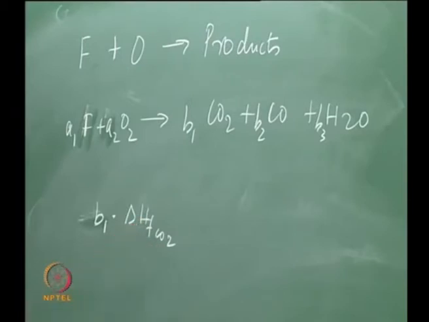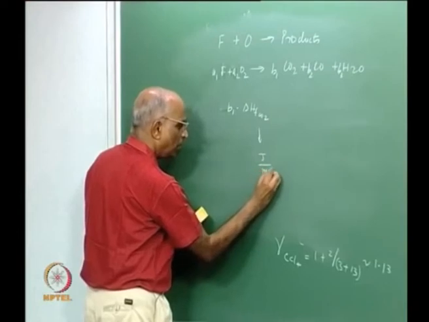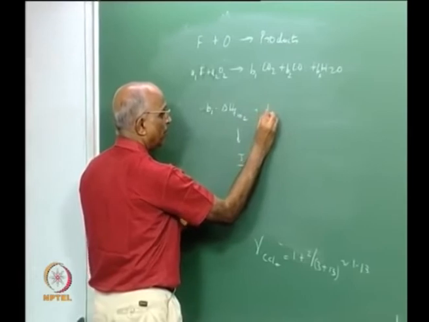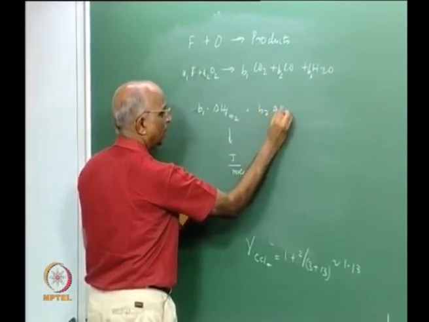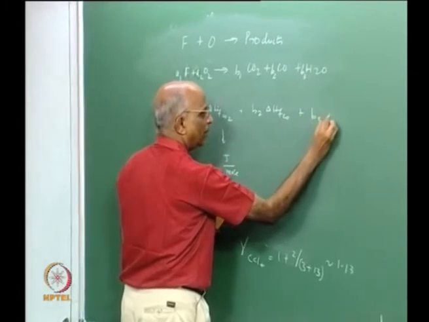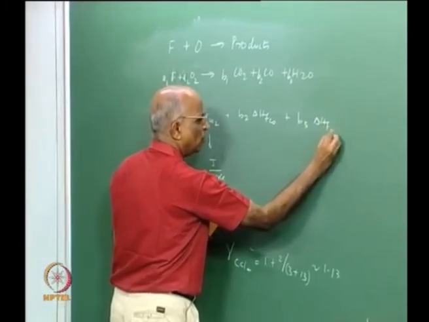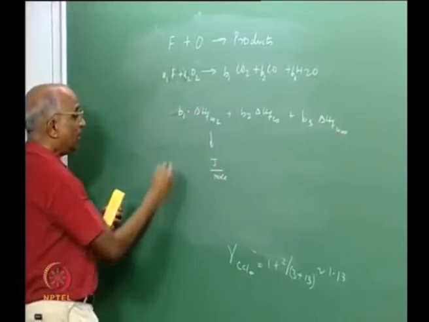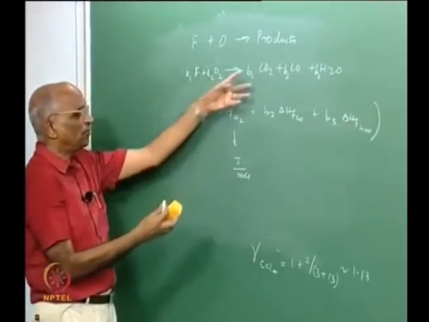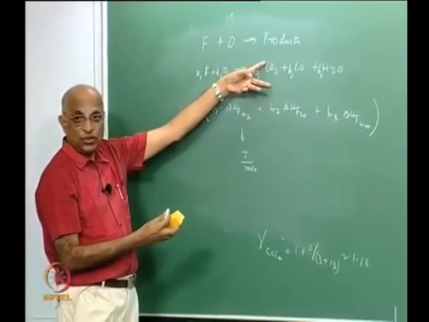Therefore, the unit of heat of formation is joule per mole. Plus B2 into delta Hf of CO plus B3 into delta Hf of H2O. This is the total heat of formation of the products.